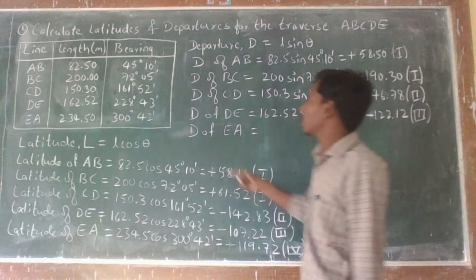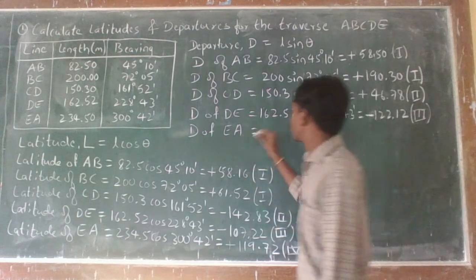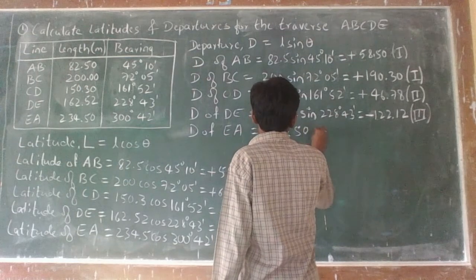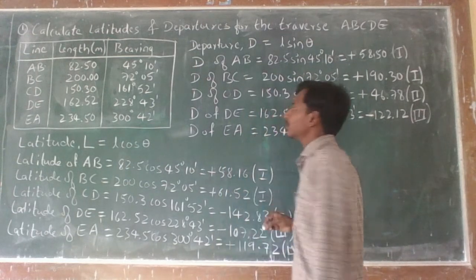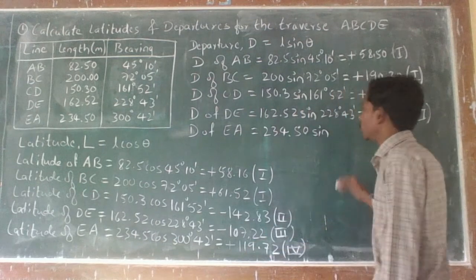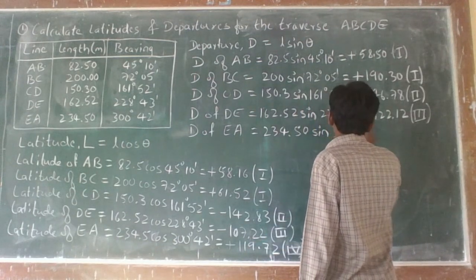Now let's move to the departure of EA. So here the length is 234.50 sin, the bearing is 300 degrees 42 minutes.